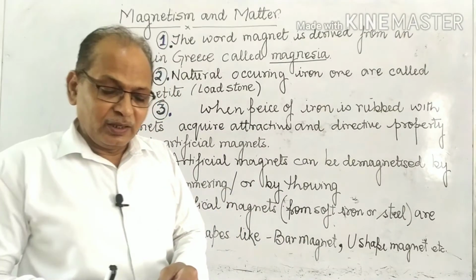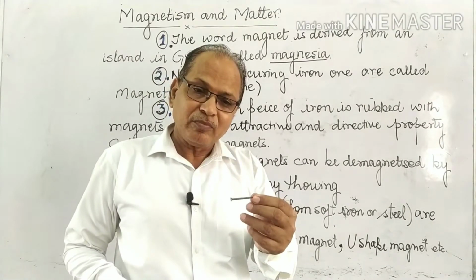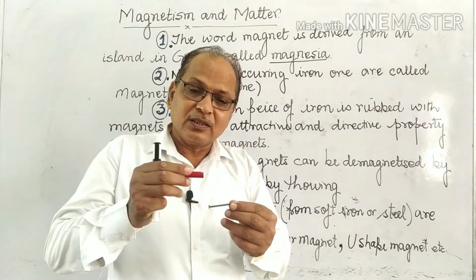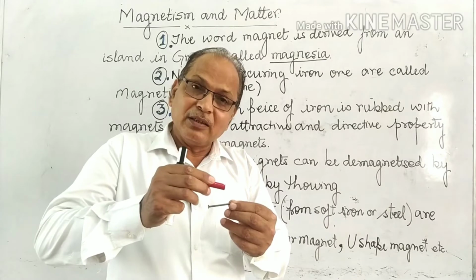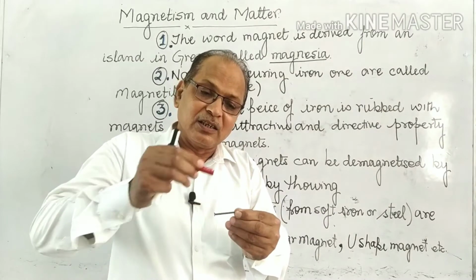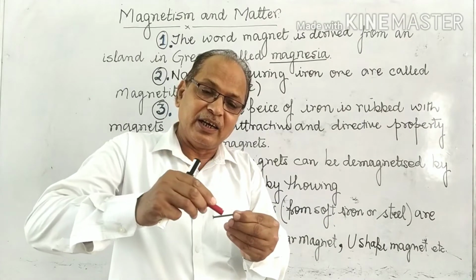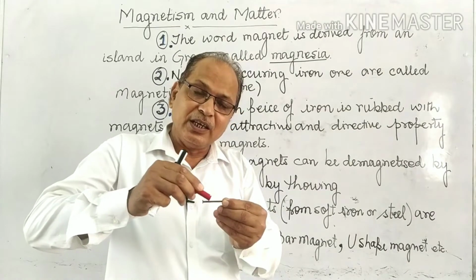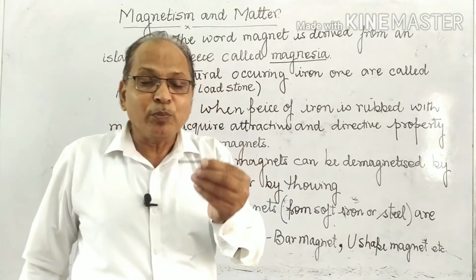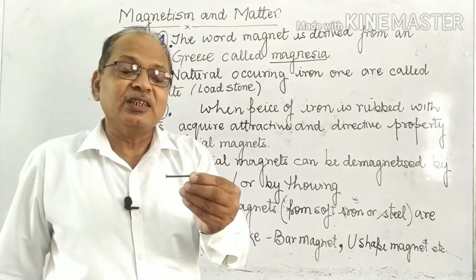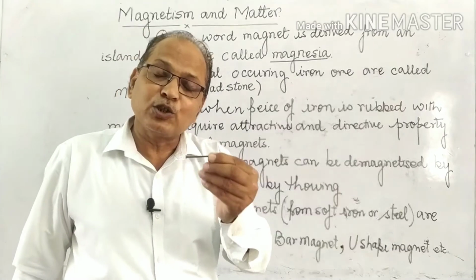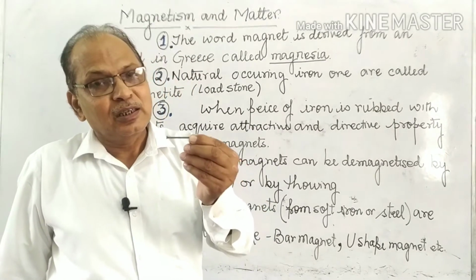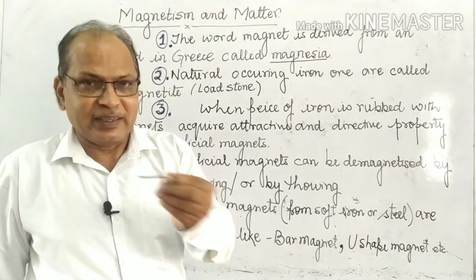For example, if this is an iron nail, and you rub this iron nail with the magnet again and again like this, then the property will develop in this nail that it can attract small pieces of iron. Therefore, this is called an artificial magnet.